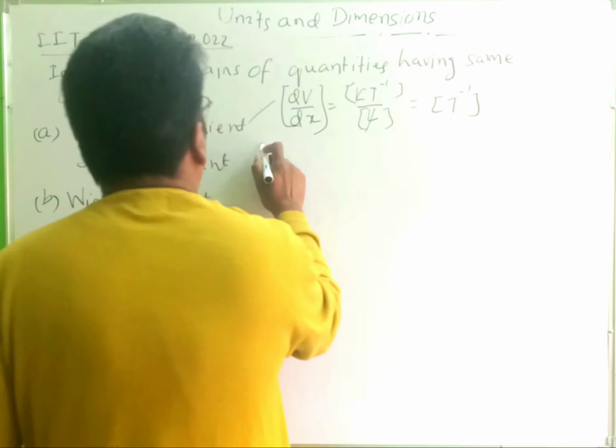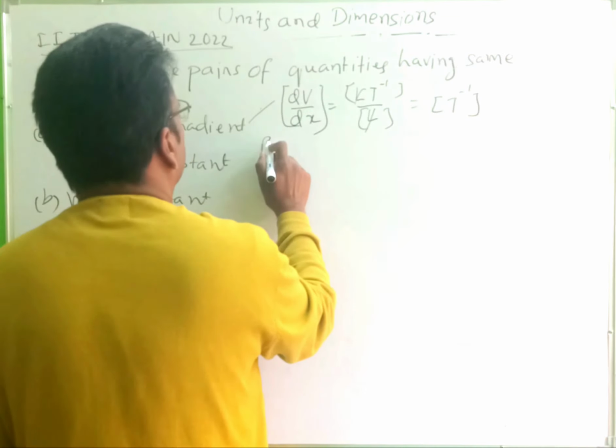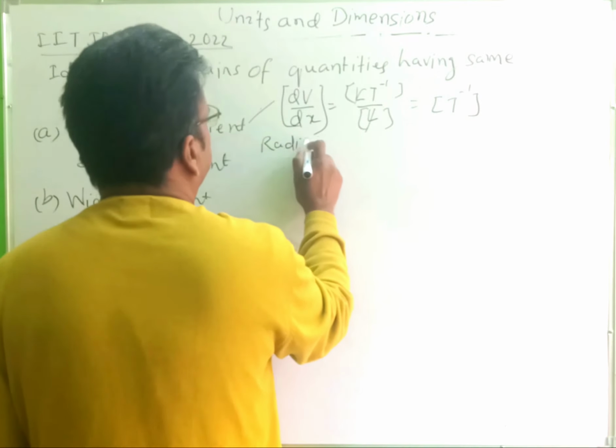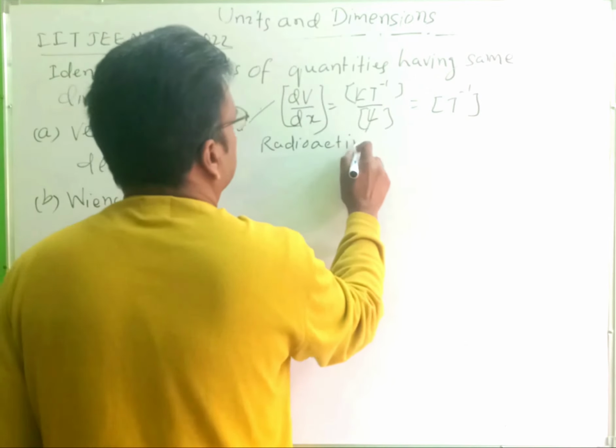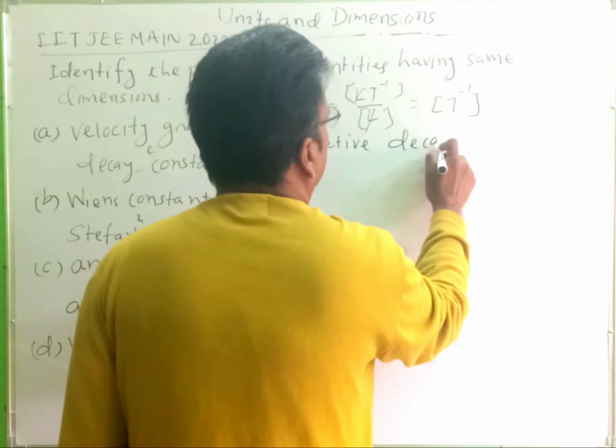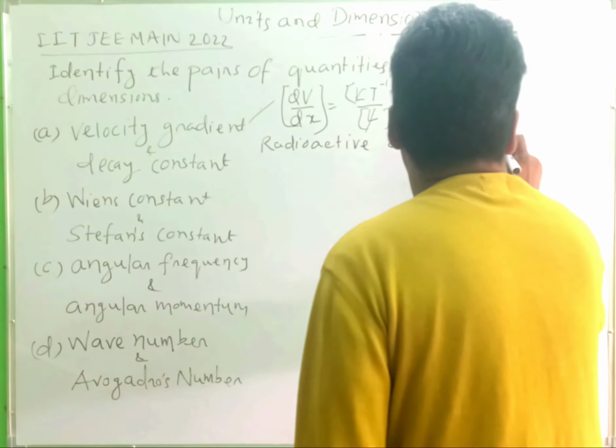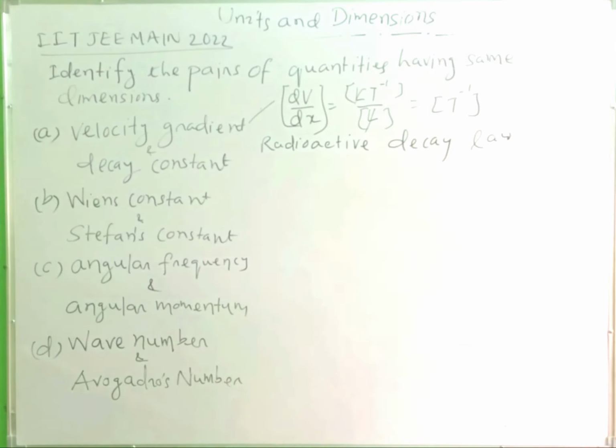We know about decay constant from the radioactive decay law. This law states that, student, the rate of nuclear decay is independent of time, and the time rate of decay is directly proportional to the existing number of radioactive atoms, students.